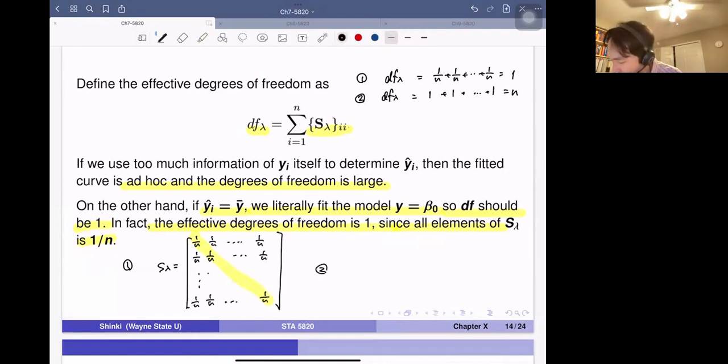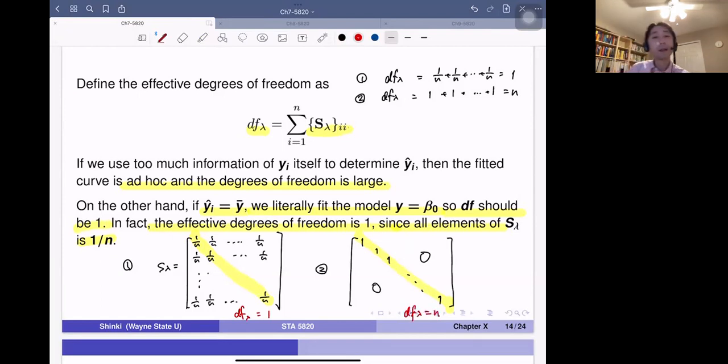And the second one, the most complicated overfit model, the coefficients are 1, 1, 1 on the diagonal and 0 elsewhere, so the summation is n. So df lambda is 1 in the first case, and df lambda is n in the second.